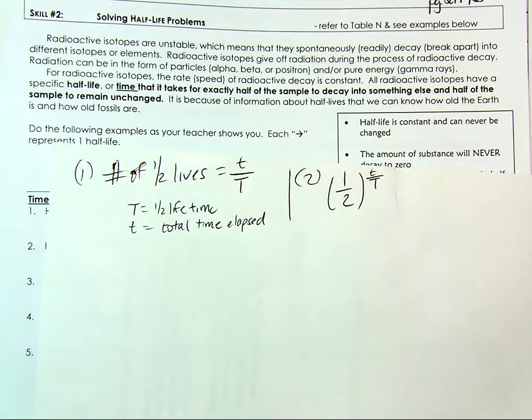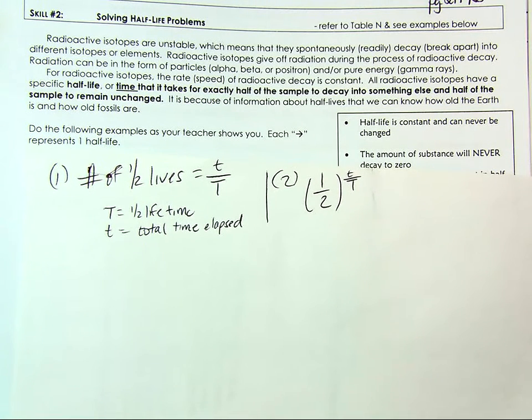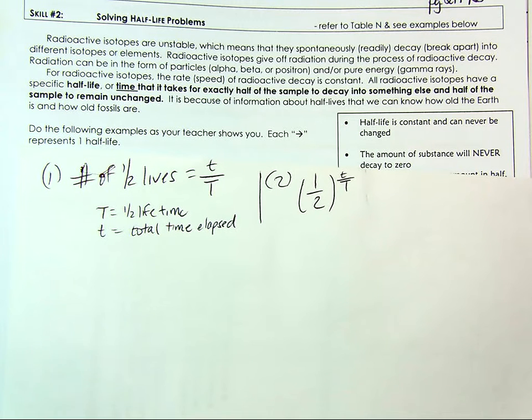Now, if you remember anything from your Earth Science days, half-life is basically a constant. It's never going to change. That just means the amount of time that it takes for exactly half the sample to go away or decay into something that's more stable. Also, keep close with you Table N, which is all about the time that it takes, your half-life, for each of the isotopes that are given.